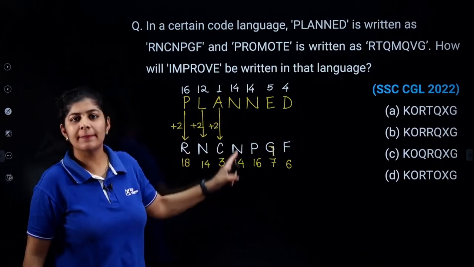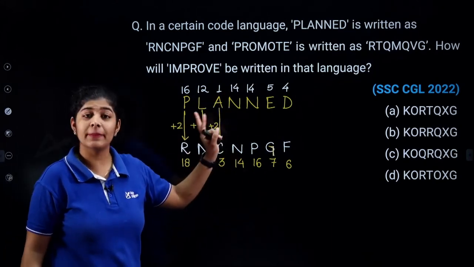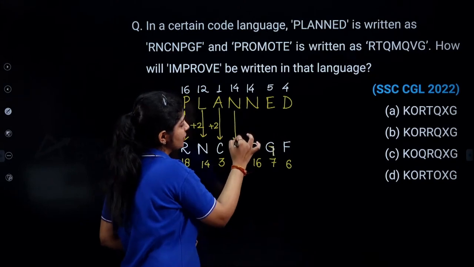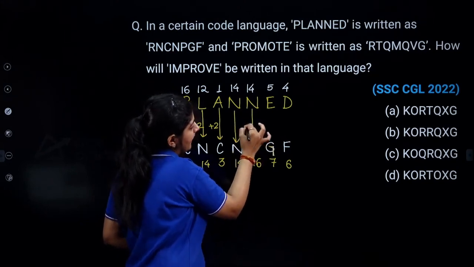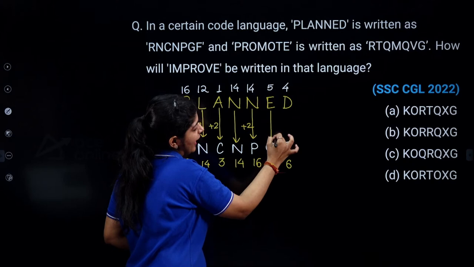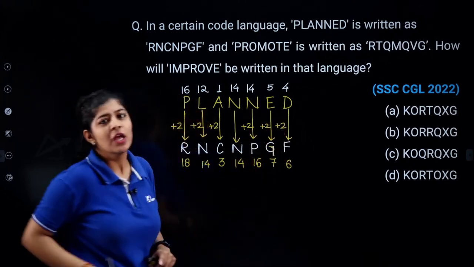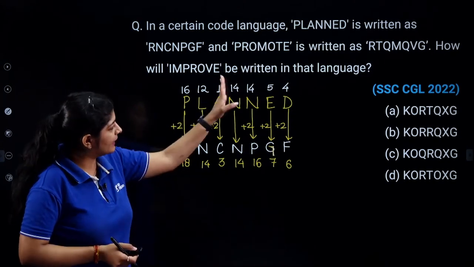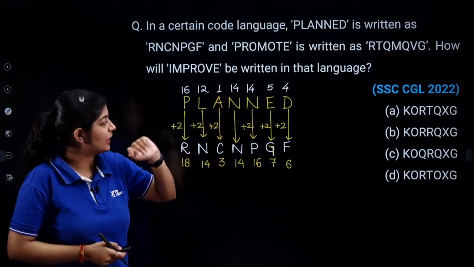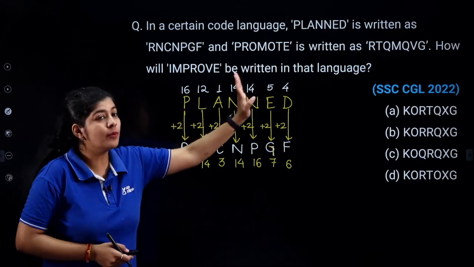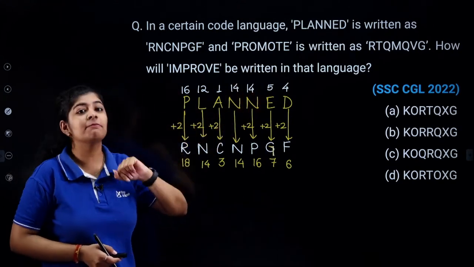But here, the number or the alphabet will remain the same. Okay. There's no change. 14 plus 2. 5 plus 2. 4 plus 2. Okay, so basically I can say that the middle alphabet is not going to be changed, but the rest 3 on both the sides have a gap of +2.